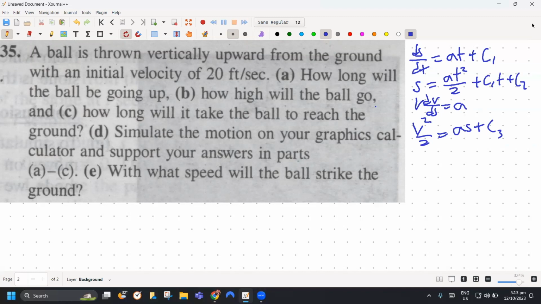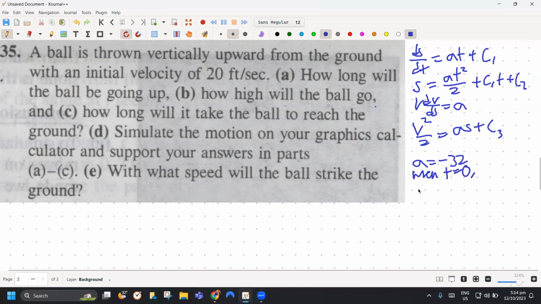And a is negative 32, because the acceleration is downward. How long will the ball be going up? Write a is equal to negative 32, so it's part of the given. Then, when t equals 0, what are the values of s and v?